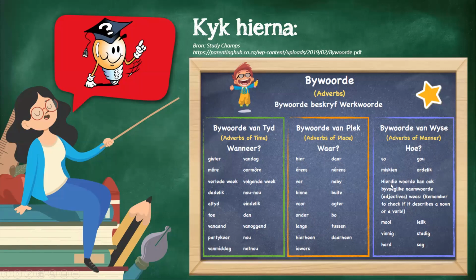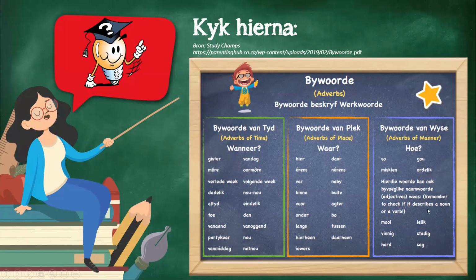And then they say here, hierdie woorde kan ook as byvoeglike naamwoorde wees. Remember to check if it doesn't describe the noun or a verb. So this is a very important note that you have to make. If I, for instance, have a sentence and I want to identify the bywoord van wyse, but I'm not sure if it is a byvoeglike naamwoord, an adjective, then I should go and look, is that word mooi, for instance, describing the verb, or is it describing the noun?